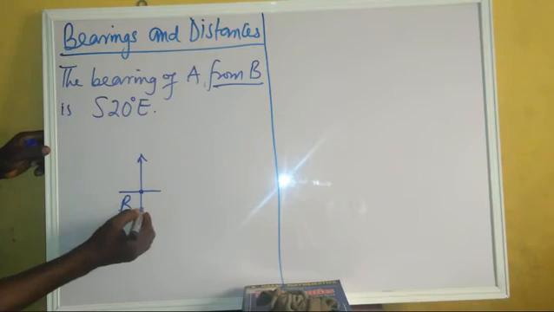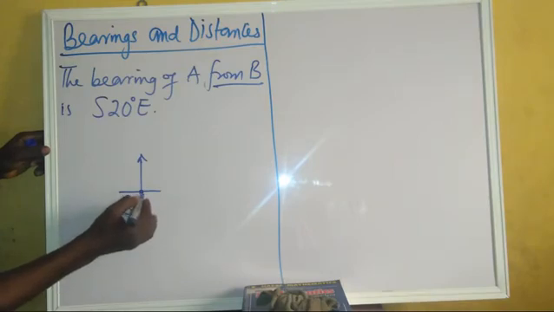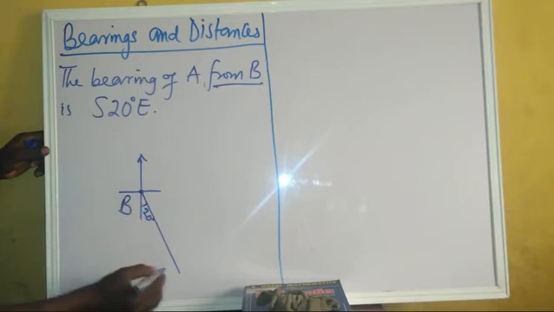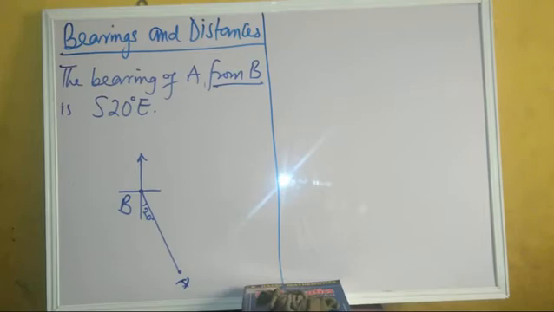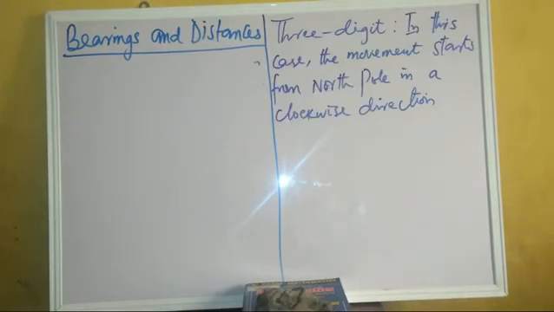This is south towards east 20 degrees. So this is 20 degrees. It means at this point we have point A. That's how we can easily interpret bearing of cardinal point.